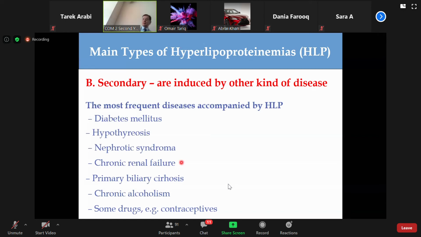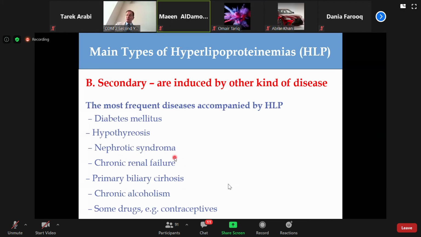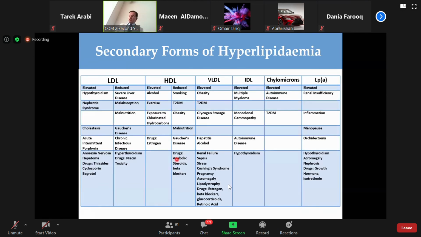That includes diabetes, hypothyroidism, nephrotic syndrome, chronic renal failure, primary biliary cirrhosis, chronic alcoholism, and some drugs such as contraceptives, estrogens, and so on. So this is a list of conditions that are associated with different dyslipoproteinemias.